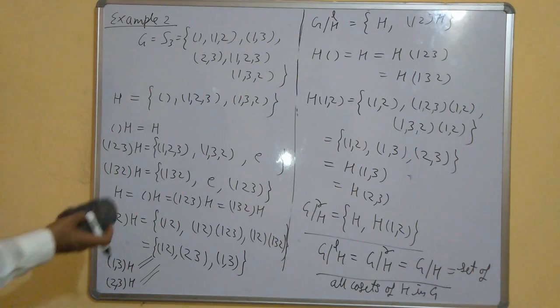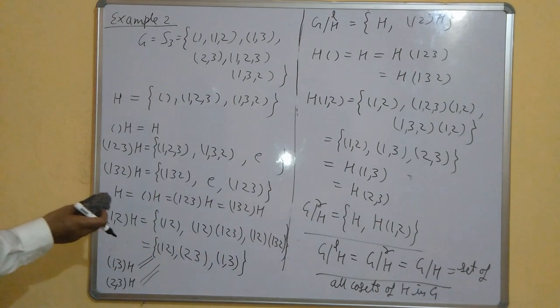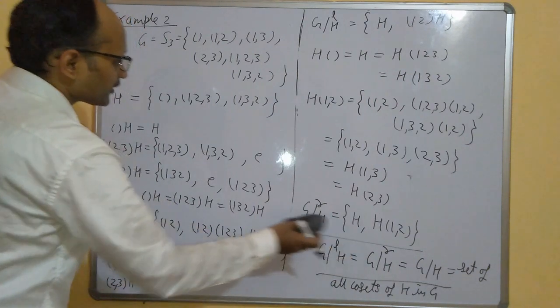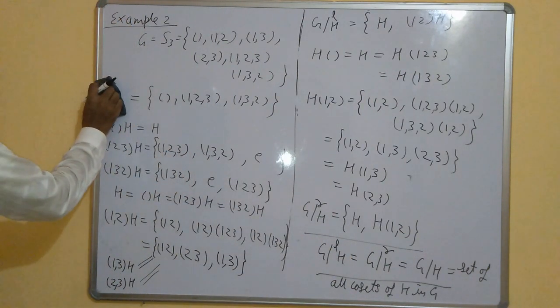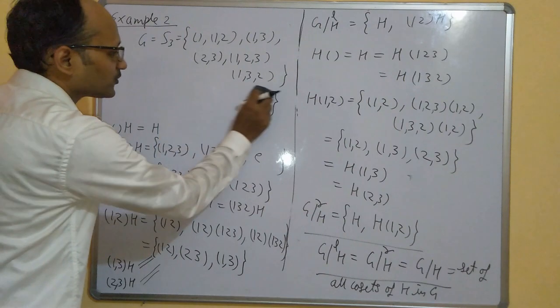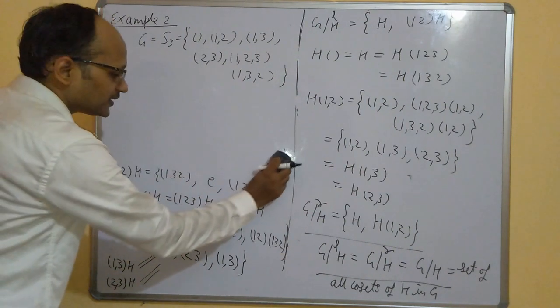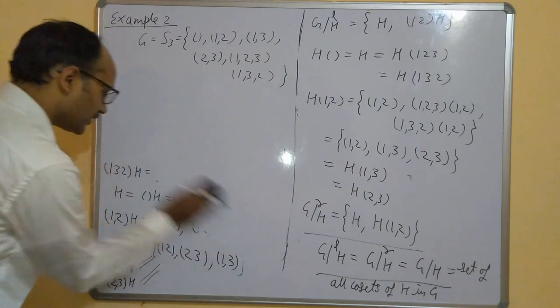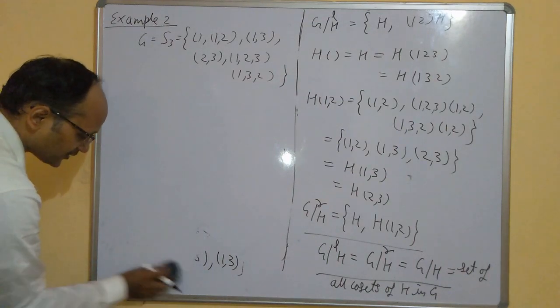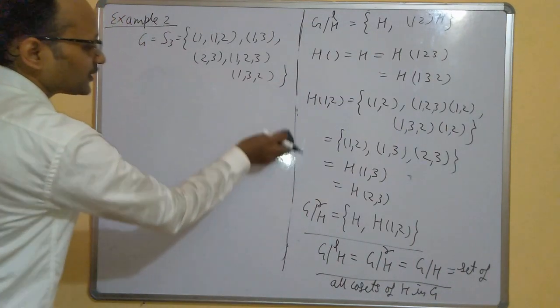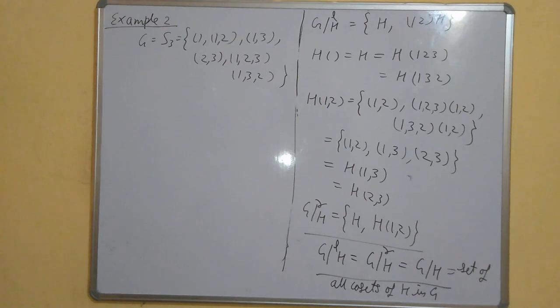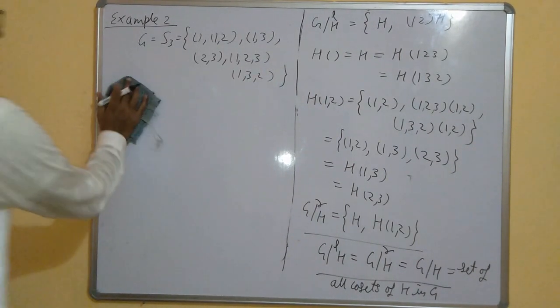Now let me give one more example where they are not equal. So I have given you two examples, one for an abelian group, one for a non-abelian group, and in both the groups these things are equal. So let me come to another example where these two things are not equal. Of course in an abelian group they are always equal.